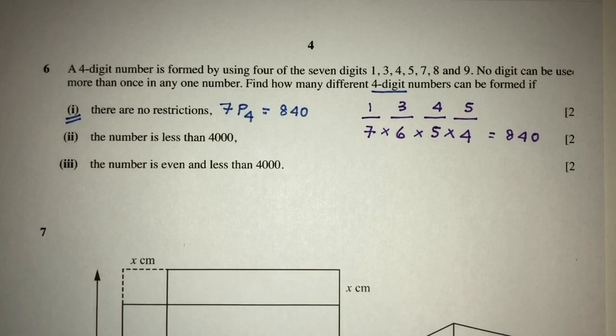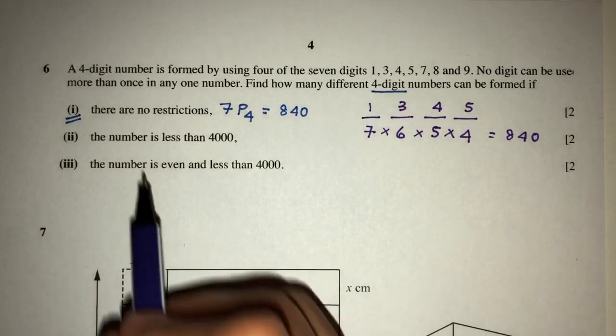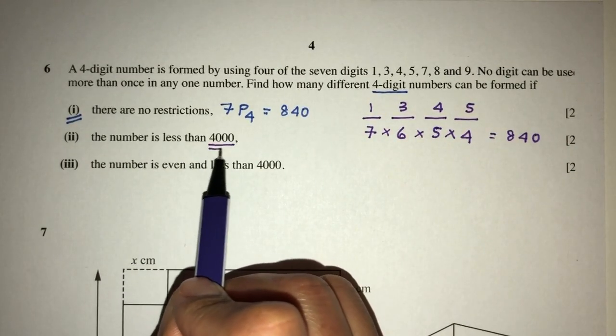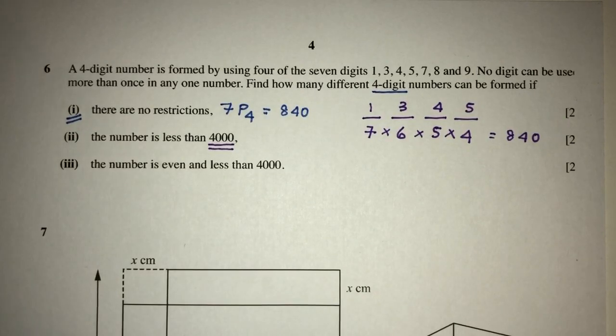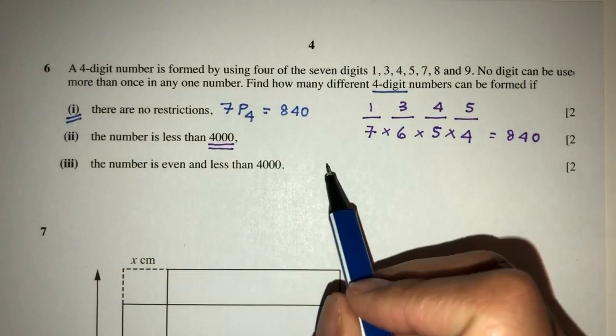Now for part 2, we have to find the number of numbers formed if the number is less than 4,000. So that's the main condition, it has to be less than 4,000. For those who have been watching my videos for a long time, we should know exactly how to do this question. Either way, let's first write down the numbers.